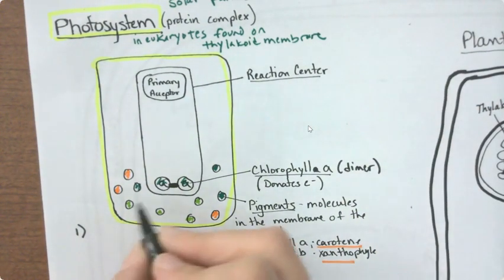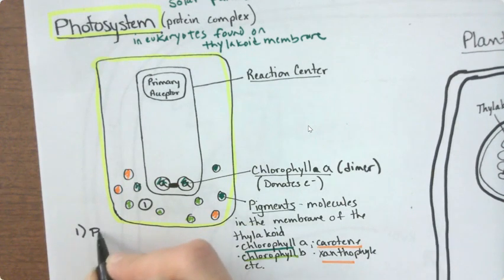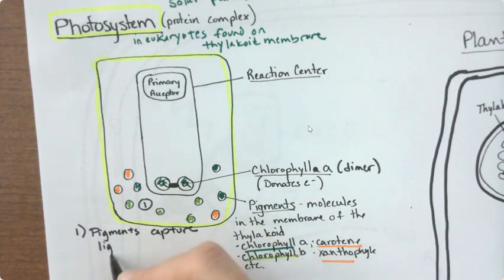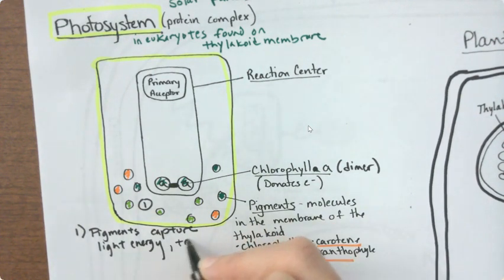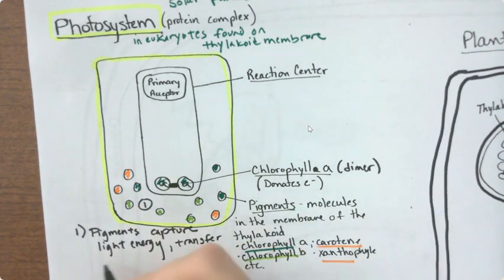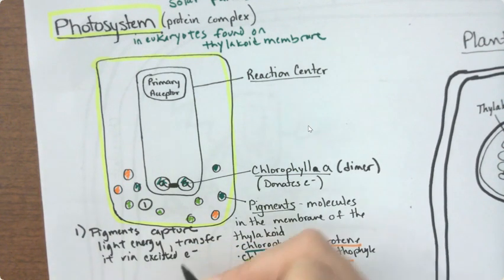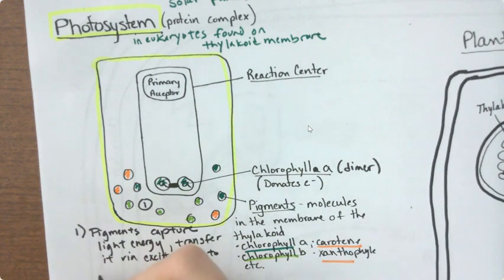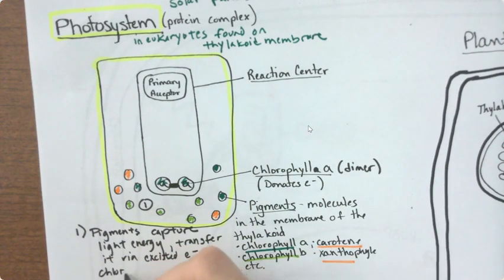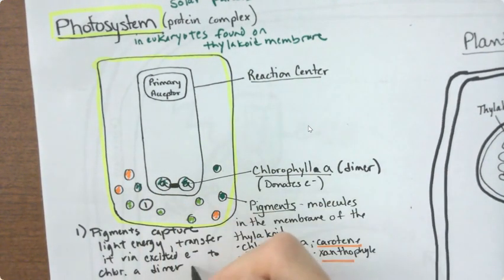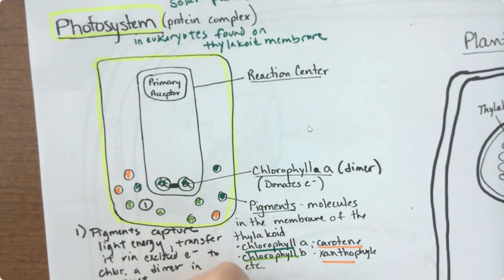So step one here, I'll write it right here: the pigments capture light energy and transfer it via excited electrons to a chlorophyll A dimer, meaning two chlorophyll A's put together, in the reaction center.